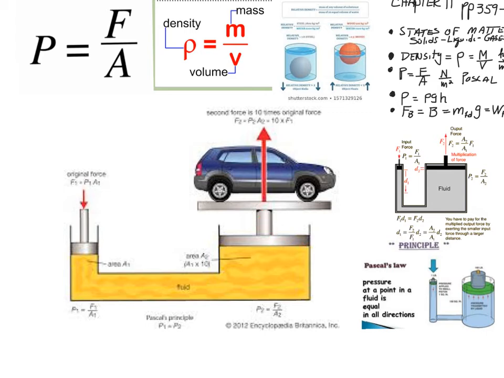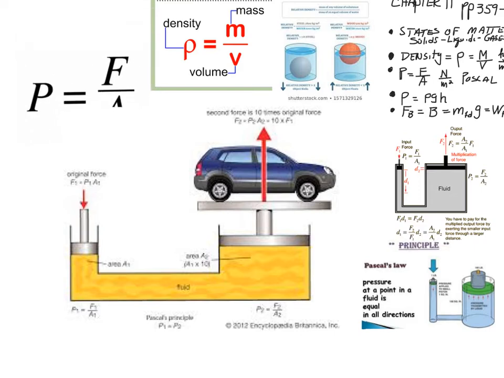right? Because here's our pressure equation, it's the ratio of force to area. So if I make the force 10 times greater here, but the area is 100 times greater here, then the pressure's the same, but the force here is also going to be 100 times greater because it's the same pressure. And so we use this.